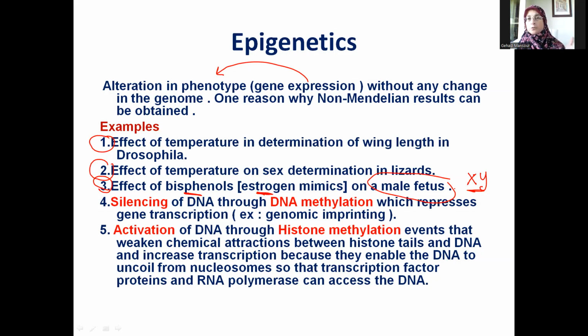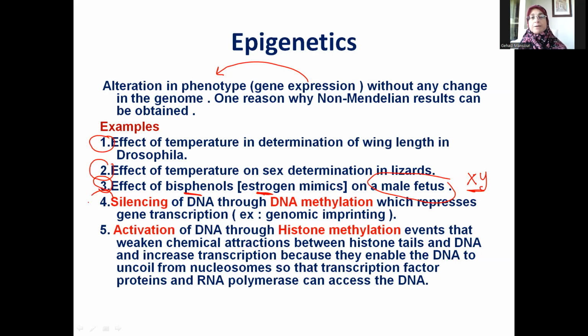The sex chromosomal structure in all the somatic cells will not change, but it is the effect of the male hormones that will not be shown adequately on the male because of the presence of those estrogen mimics that stimulate estrogen receptors and result in feminization of the male.